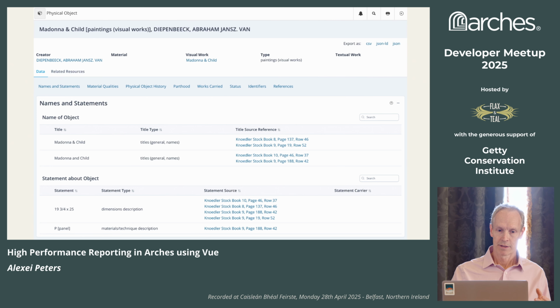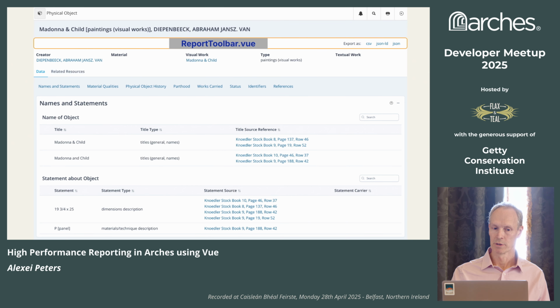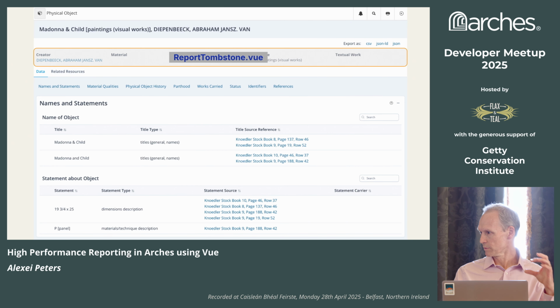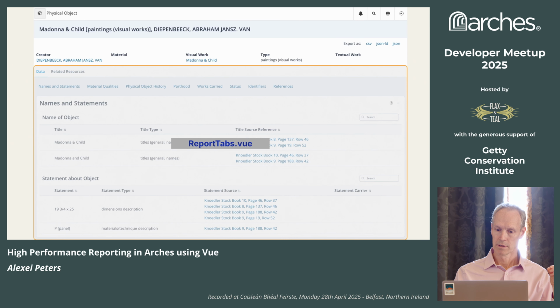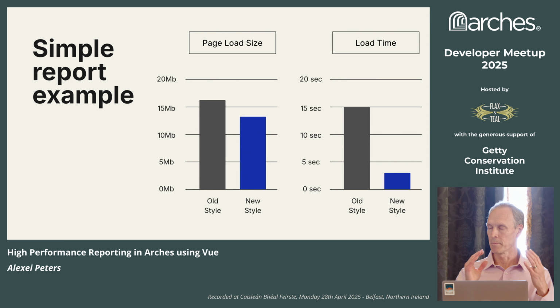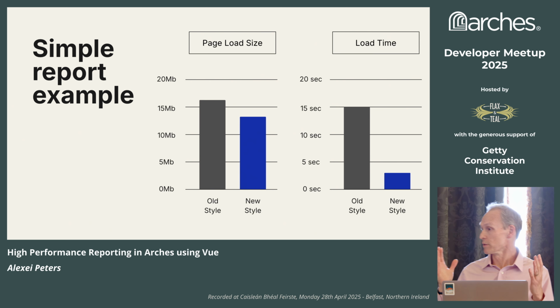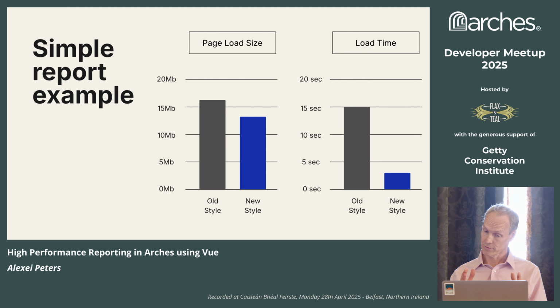But essentially, these are the sections. Each section corresponds to an actual single file component in Vue. And the power here is that you can imagine creating your own component and swapping it in. All you have to do is create that component, reference it in the config, and it's there.